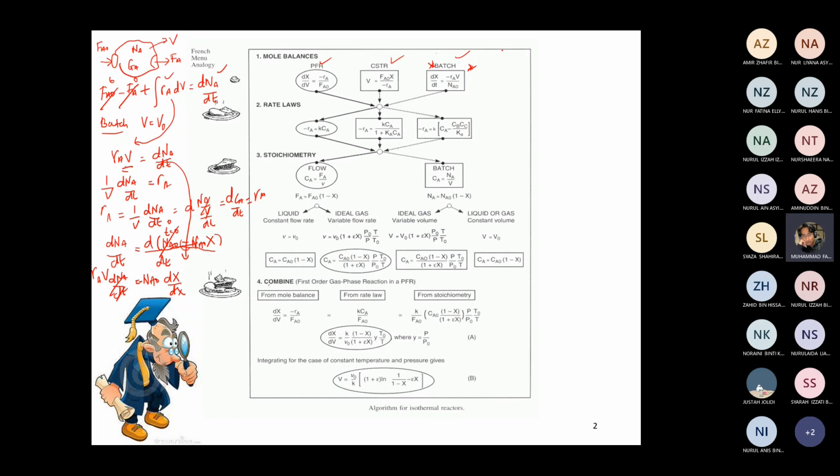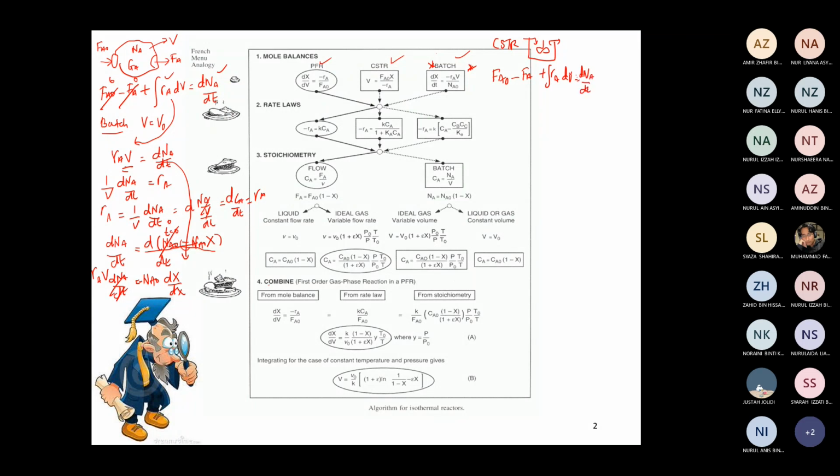Now for CSTR, we have a system here with a stirrer, and there is an inlet and an outlet. The same general equation applies: FA naught minus FA plus the integral of RA dV is equal to dNA over dt.